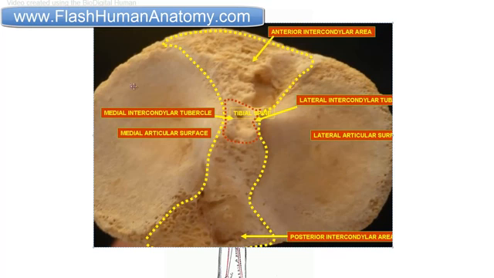This here is the medial articular surface, and it's the place where the medial condyle of the femur articulates. This is the lateral articular surface, and it is the place where the lateral condyle of the femur articulates. This is the anterior intercondylar area and the posterior intercondylar area.